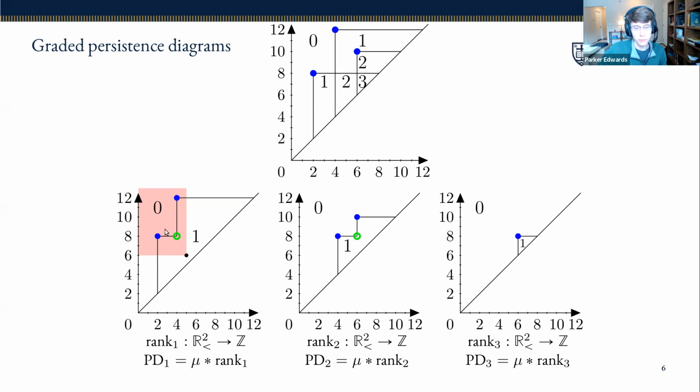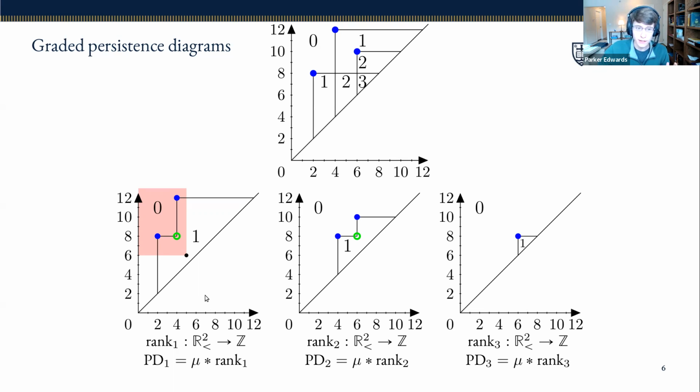And so I do plus 1, minus 1, and that gets me the 1. Okay, and that function, incidentally, is what we call the graded persistence diagram. So this is the first graded persistence diagram for this module.